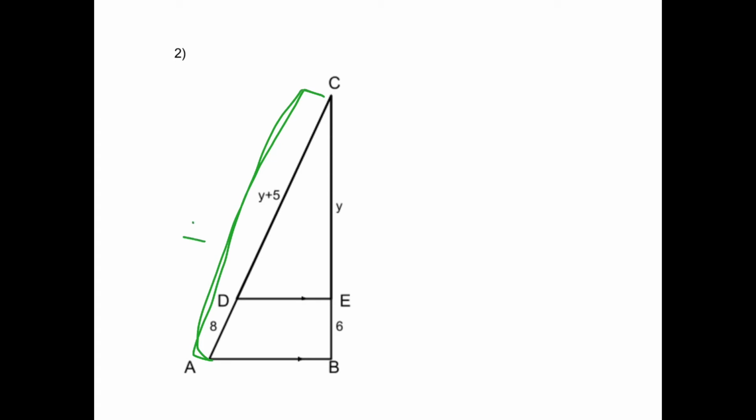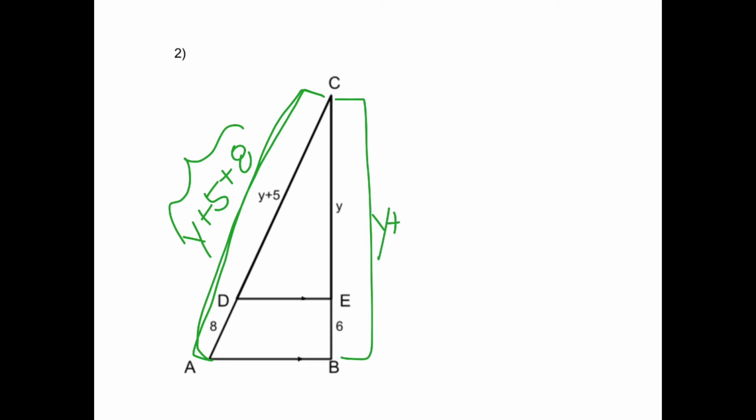You wouldn't want to, like if you did y plus 5 plus 8, that's just going to get more complicated. You did this side over here, y plus 6, to represent that whole side. It's not that you can't solve something like this, and we could use the proportion that would result from all this simplification, but it's just a whole lot of work.